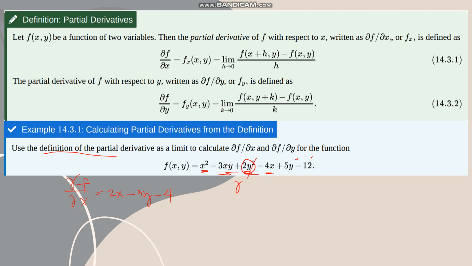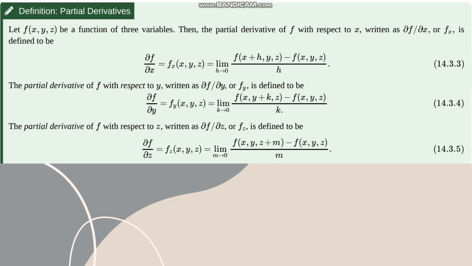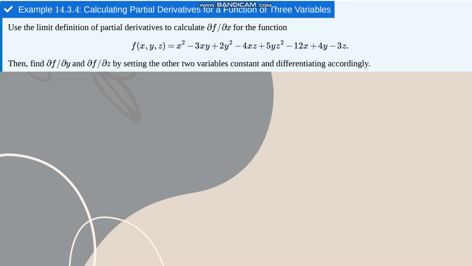Now, partial derivative of f with respect to y. This is 0, constant na ni, minus 3x plus 4y, 0, plus 5. So, ingon ani ra no, si partial derivatives. Even if you will have the function f of x, y, z, the same will be done sa inyong pag-solve.